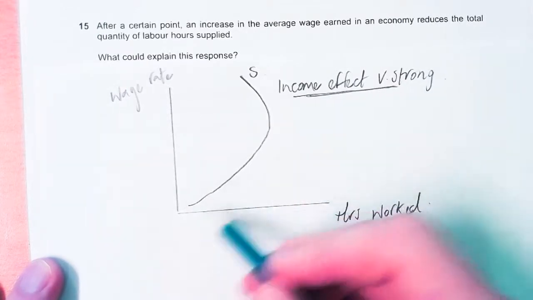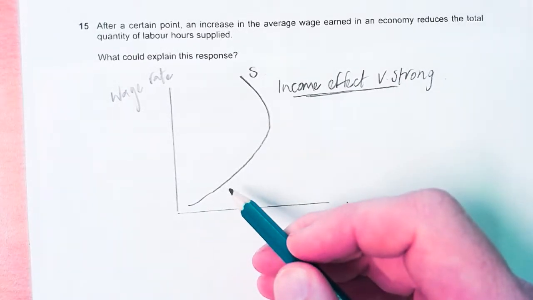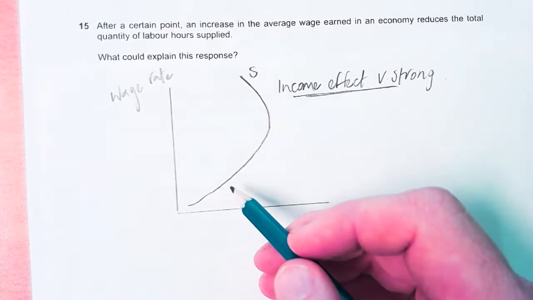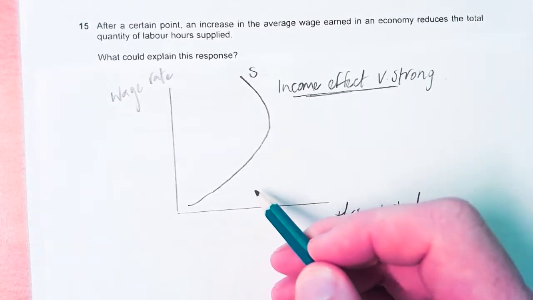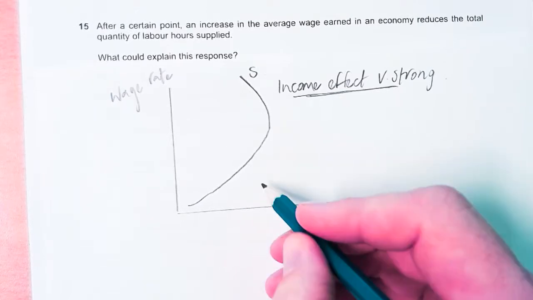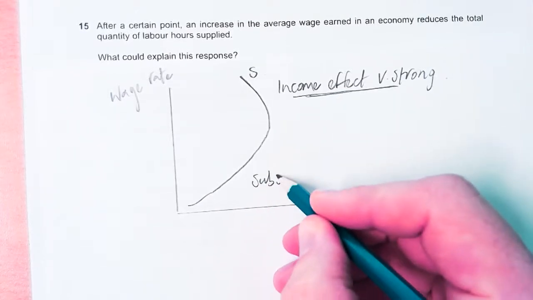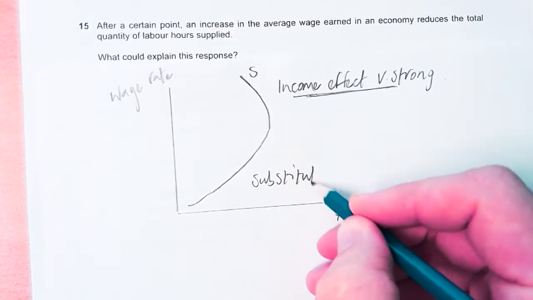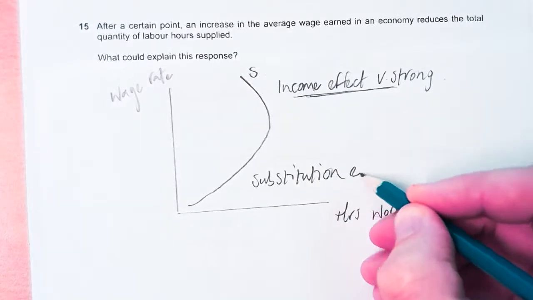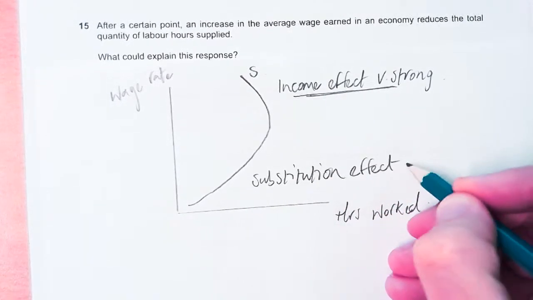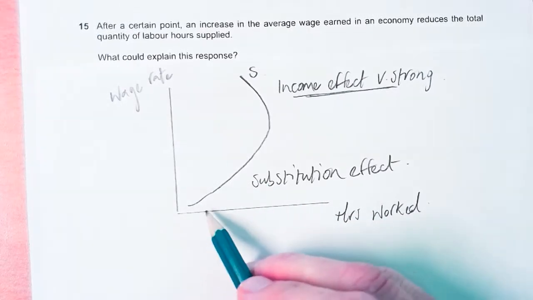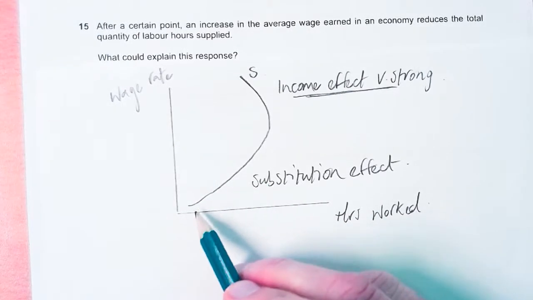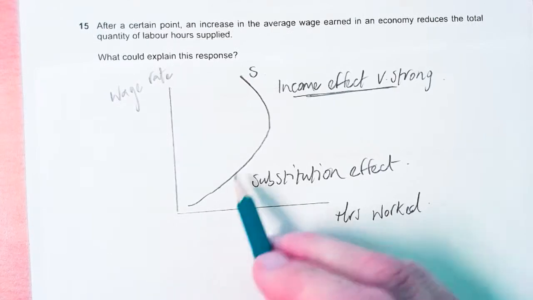Down here we can see that the substitution effect is likely to be highly positive, and the substitution effect will dominate here at lower income levels. So people will want to substitute leisure time for work time, because they're not spending much time in work at the moment and they're attracted by the higher wage rate.